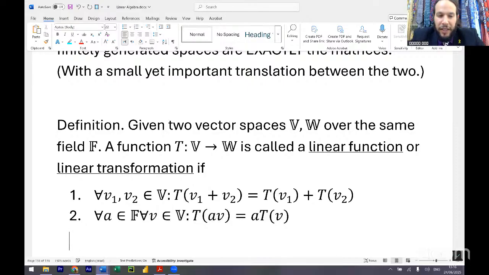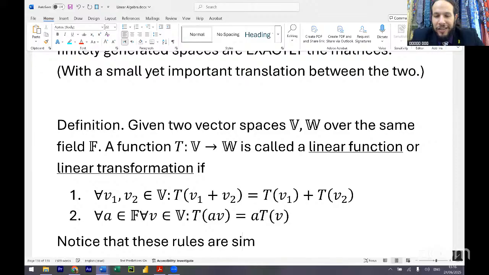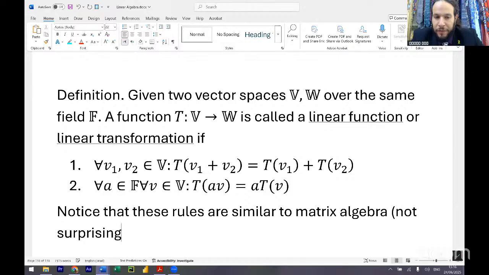So notice that these rules are similar to matrix algebra. Not surprising.